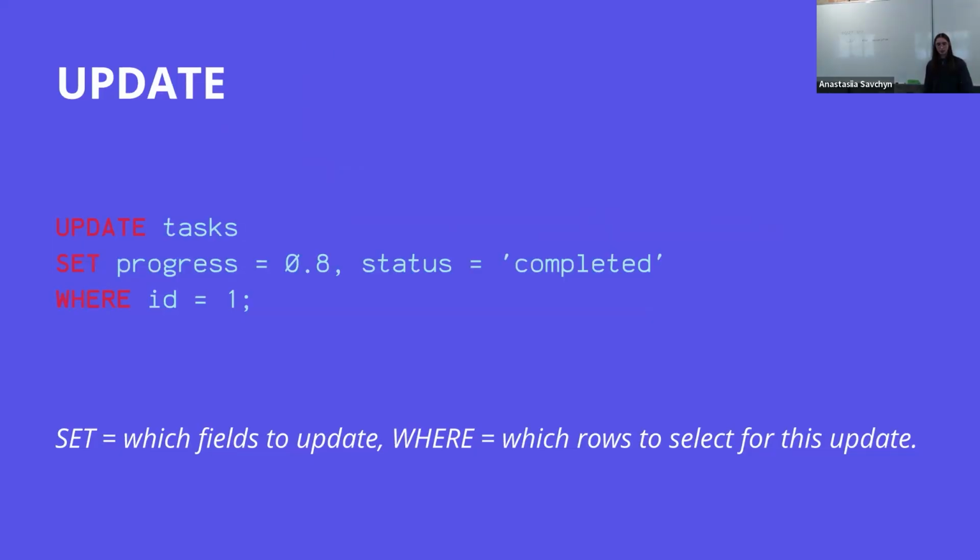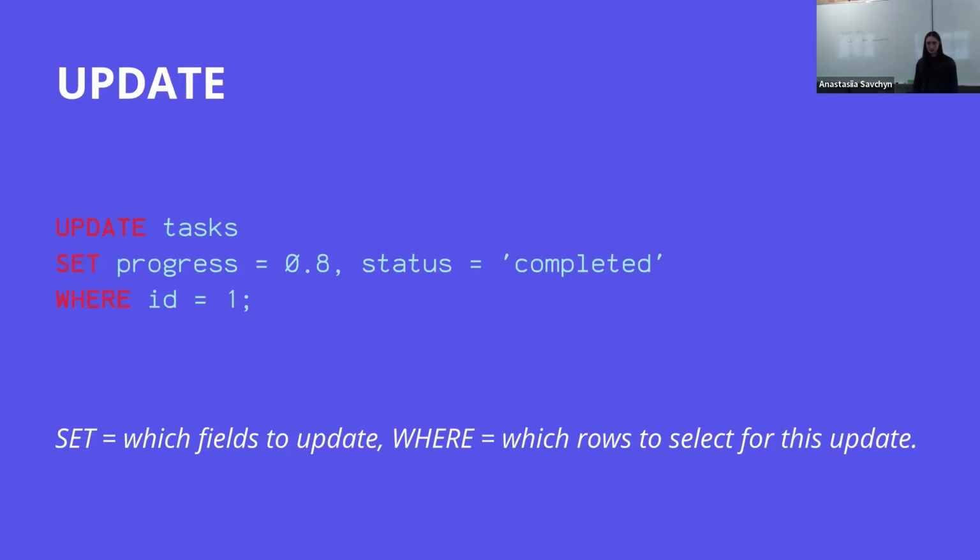For example, here we are changing field progress to 0.8. And then we are changing status to completed. So you firstly specify the table, then you specify the exact fields, and then you have to apply filtering just to know which row you are updating.